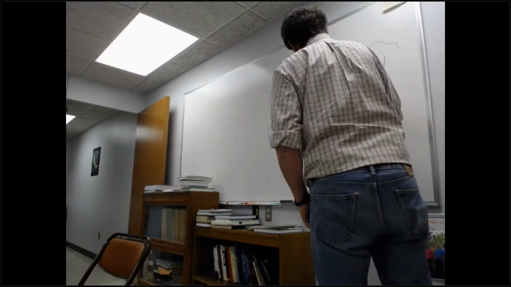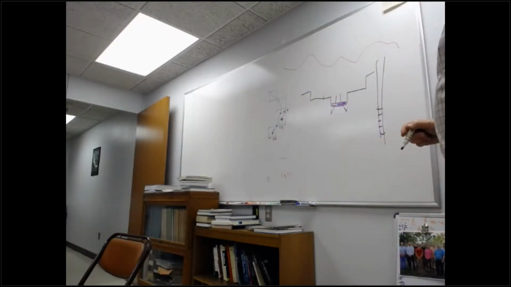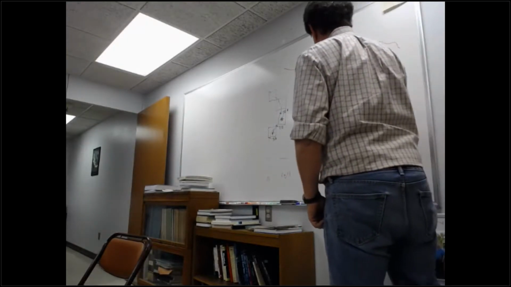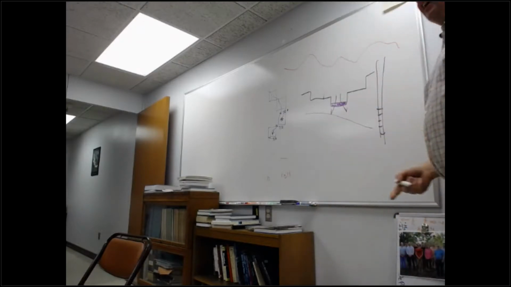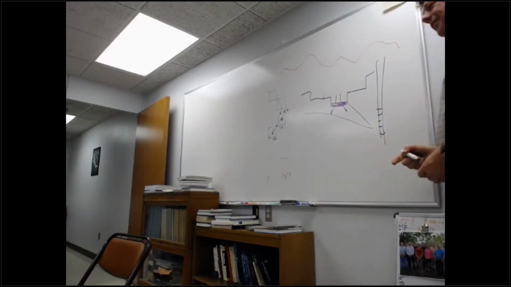So if you have low permeable material here, then your drawdown, for example, can go out underneath that, and you don't get as much water. So this I really view as a calibration thing, a site-by-site calibration.